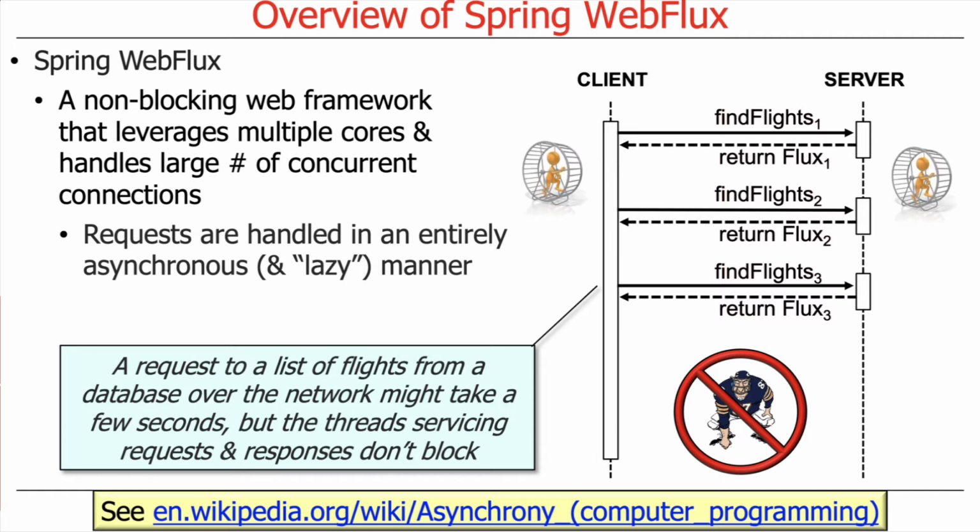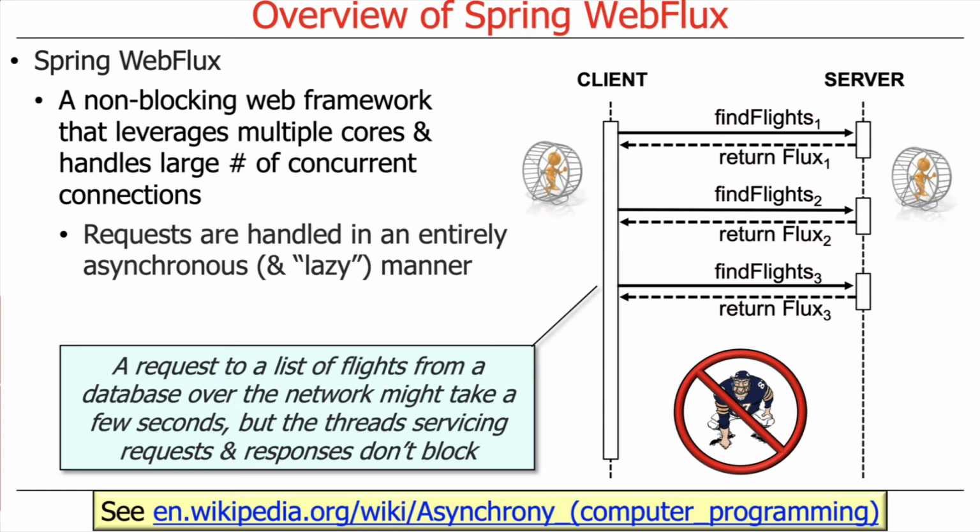Likewise, on the server, we also don't want to block, because if we block, then we have to start using dedicated threads. We'll see later that that's the old-school way of doing things with Web MVC, which requires threads. So in this case, we're finding these flights, and we're getting back something right away. We're getting back a Flux right away, but that Flux doesn't necessarily have any values yet.